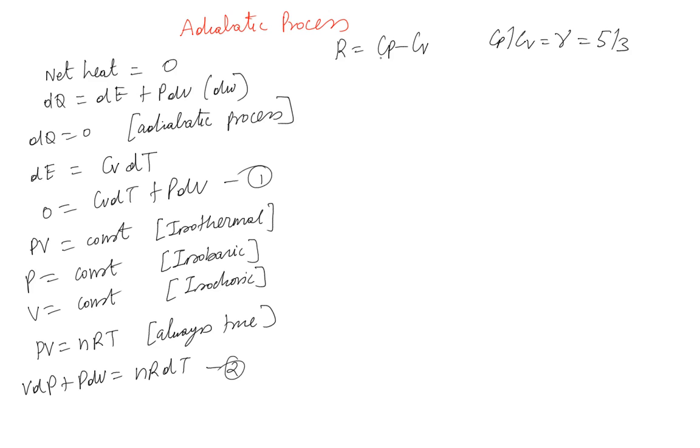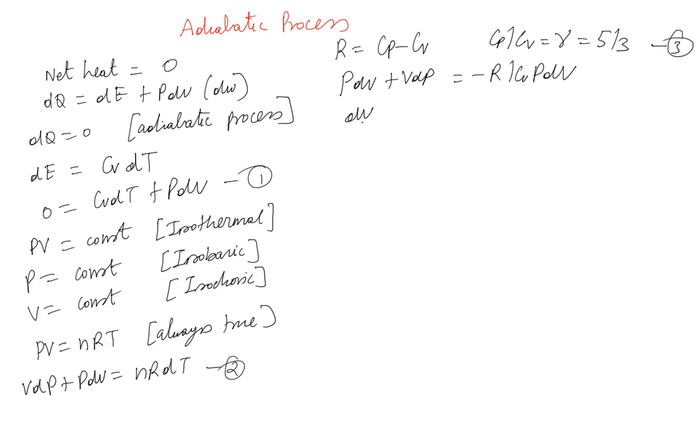We're talking about ideal gas right now. Okay, with this we can write P dV plus V dP equals minus R over Cv P dV. Using equations 1, 2, and 3, you can see the following equations will come.